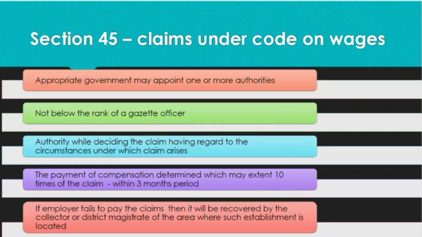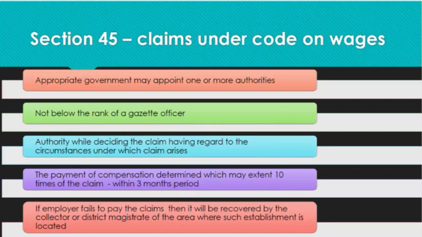If we do not pay land revenue or property tax, the collector of that particular district or the district magistrate will have the right to attach the property and recover the money. Okay, so the same power is given in case of the Code of Wages also.